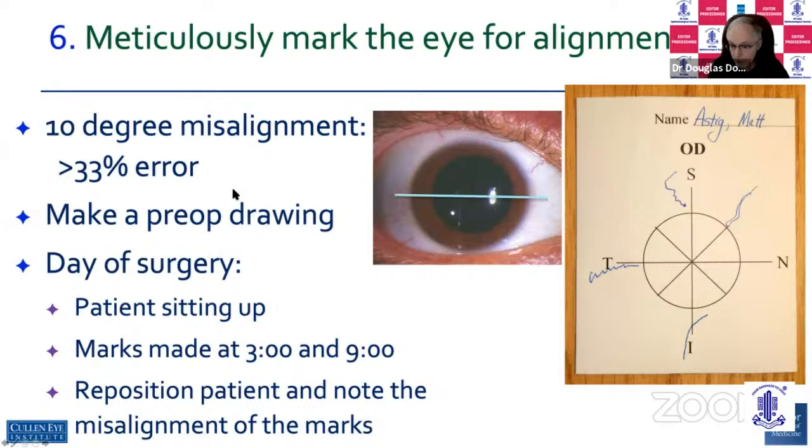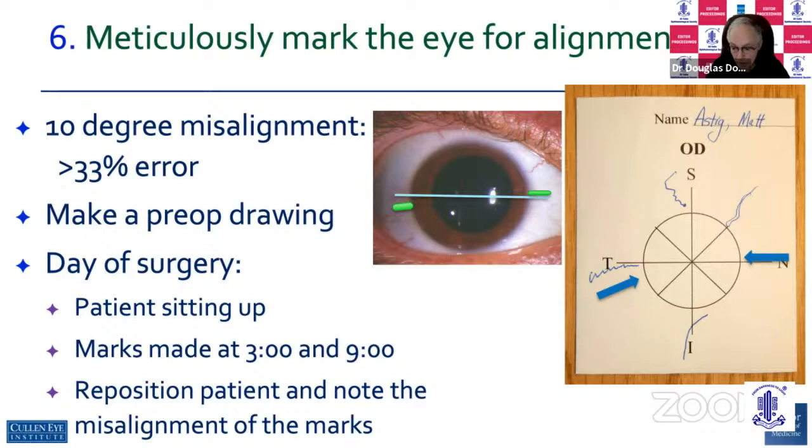I make marks at 3 and 9 o'clock, but my marks are rarely, if ever, exactly at 3 and 9 o'clock. So I make a note of where these marks are on a drawing. I take this to the operating room with me, and I then use that to align my toric IOL, so I know exactly where I'm aligned.